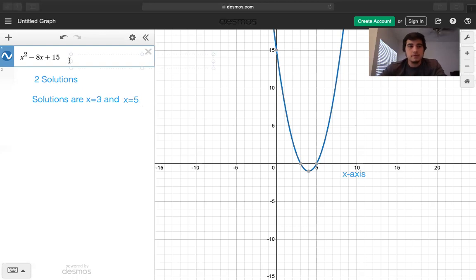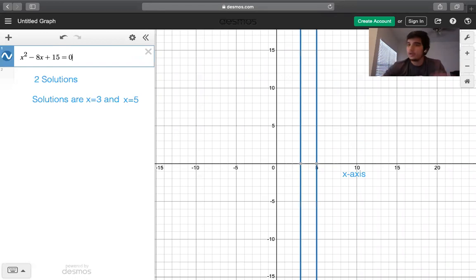Okay. And again, I'm going to show you where the equals 0 part comes in. So if I leave the equals 0, watch where those lines are. Now look, 3, 0 and 5, 0. If you leave it as equals 0, it automatically tells you where the solutions are. Now, if that helps you solve it, fine.